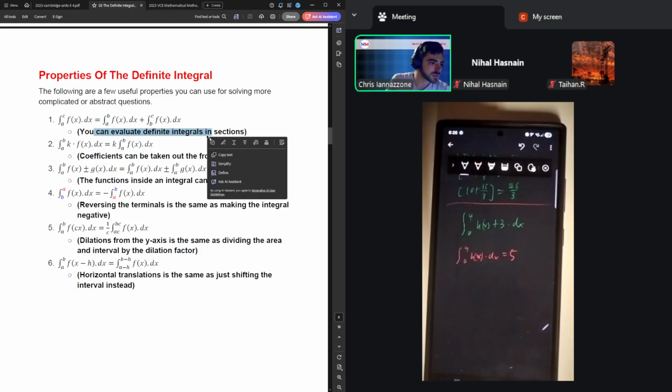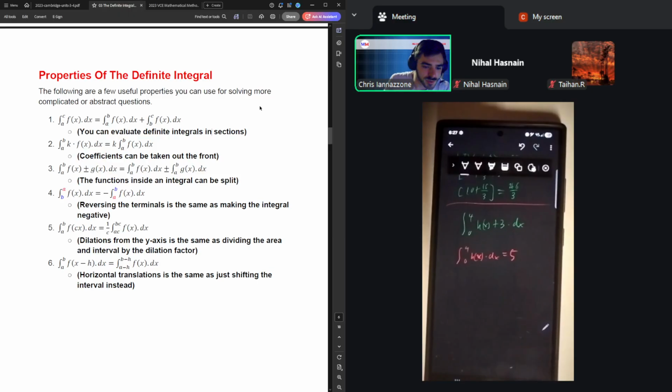Well, the top one says that we can evaluate definite integrals in individual sections. We don't really have multiple integrals in the sequence, at least not yet, because what we see from example 1 or property 1 is that it's the terminals that are changing. Terminals aren't really changing here, so probably not relevant. Dot point 2, terminals are the same, cool, but what's being done there is taking out coefficients.